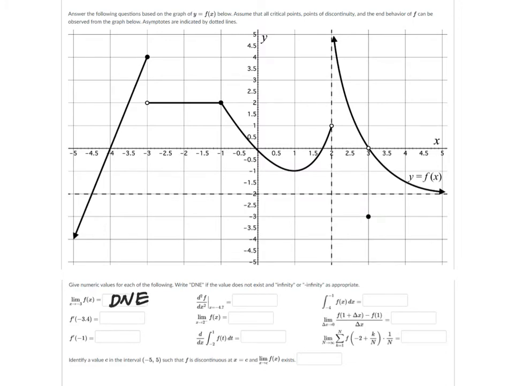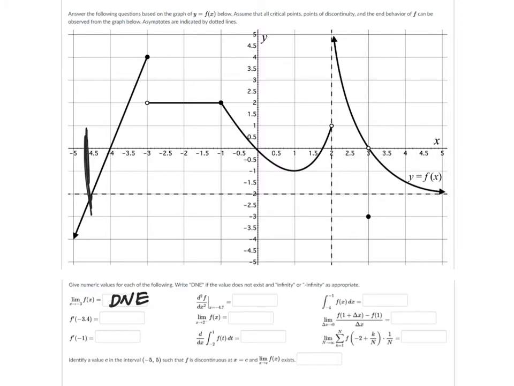Okay. Next, we have the second derivative of f of x at -4.7. -4.7 is like right here, and we want to know the second derivative. Well, I know the first derivative is the slope, and that is a line. Since it's a line, the slope is constant.